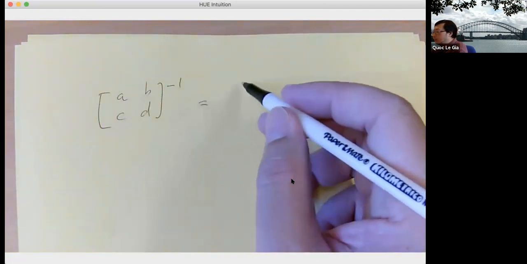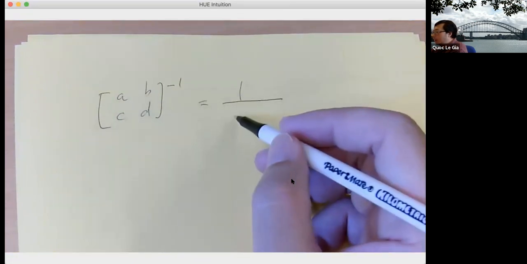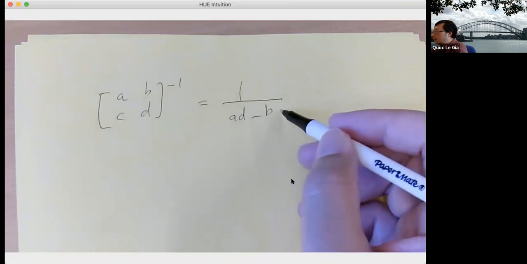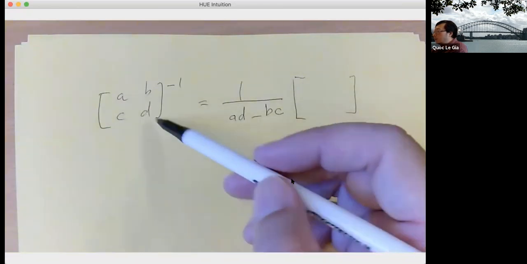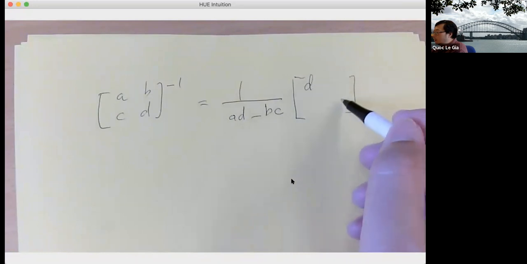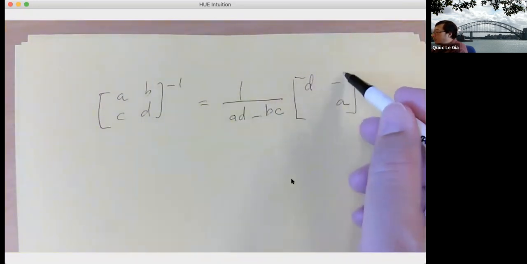Okay, so if you remember, first you take AD minus BC, the determinant, yeah, and then you just swap the diagonal entries. So D, A, okay, and then off diagonal you just negate it.